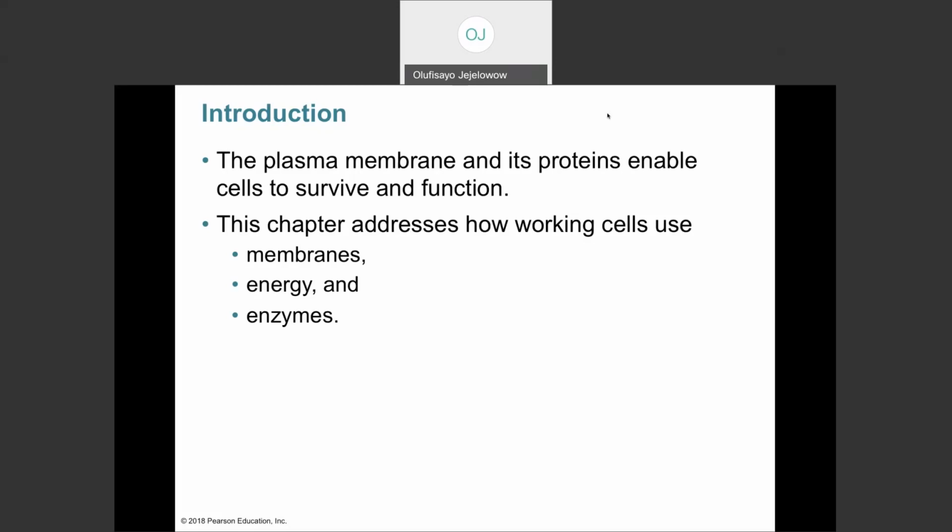The combined chemical reactions that take place in the cell are known as cellular metabolism. Metabolic processes are enhanced and made efficient thanks to the enzymes. So the big picture for this chapter will discuss membranes, energy, and enzymes. These contribute to the working cell.